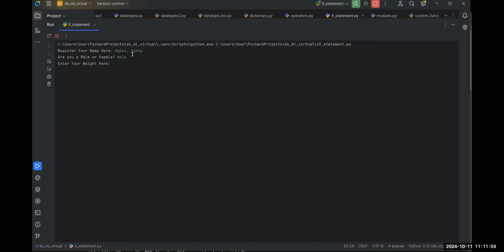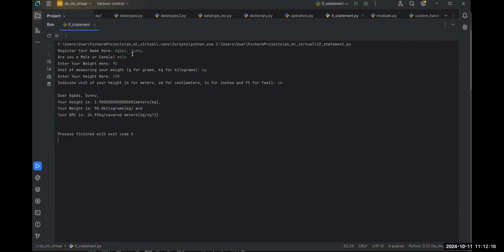We said we use 90 kilogram. So we're using kg here. And then we're using 190 here, right? And then we said we used centimeter now. 24.93. Your BMI is 24.93.